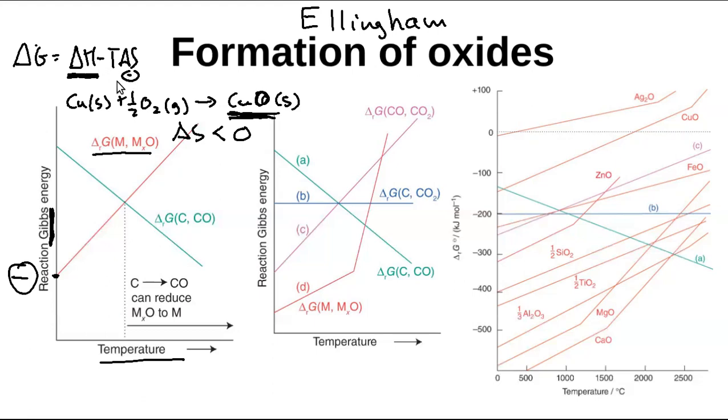Negative times negative makes the total delta G a line that increases. So at high temperature, we may reach some value where delta G of the formation is bigger than 0. And then, from a thermodynamic point of view, the oxide shouldn't be stable.